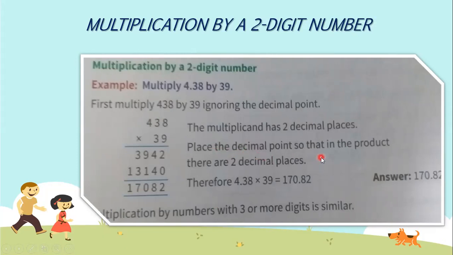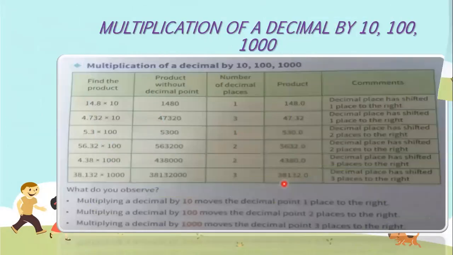Place the decimal point so that in the product there are two decimal places. So in the answer also, from the right side, before 2 places you place the point, that is before the 8. So then the answer will be 170.82. This is the way you will multiply decimal numbers.